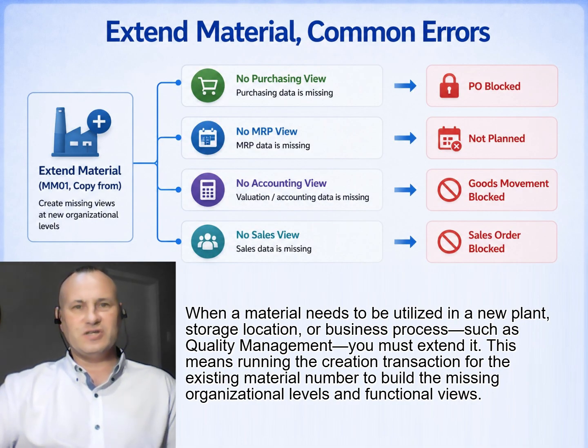When a material needs to be utilized in a new plant, storage location, or business process, such as SD, you must extend it. This means running the creation transaction for the existing material number to build the missing organization levels and functional views.